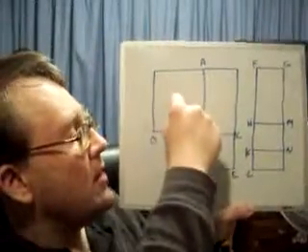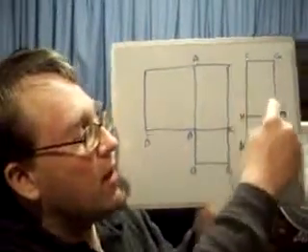And since AD is commensurable with BE, therefore GH is also commensurable with NL. So as this is commensurable with this, so is this commensurable with this.